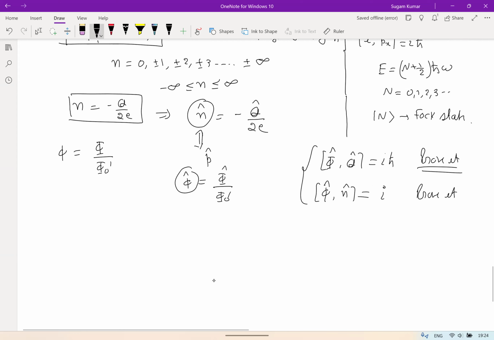So our Hamiltonian is going to become what? Now our Hamiltonian is q square upon 2C minus EJ cos phi upon phi naught. When I put in the value of this quantity, n equals q by 2e, from there I can find q, that is 2 times e n.